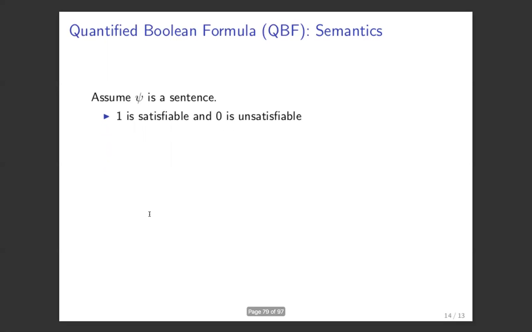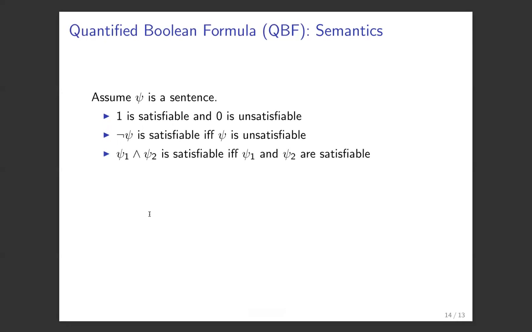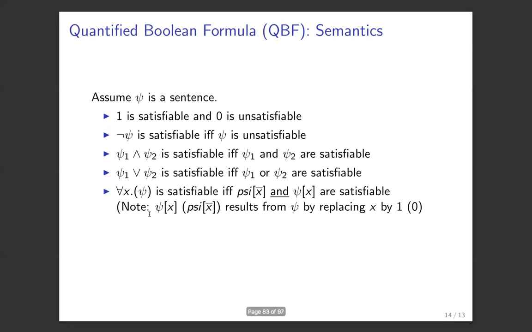So the formal semantics is defined much like before. Here I'm defining satisfiability, whether it is satisfiable or unsatisfiable, and these things remain the same. Read this psi as real psi; there's a mistake in the LaTeX.